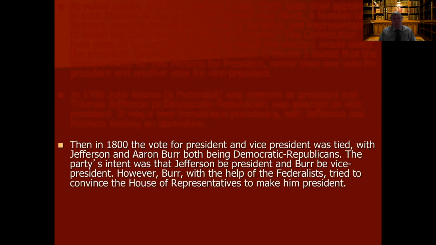Then in 1800, a problem arose again. The vote for president and vice president was tied, with Jefferson and Aaron Burr both being Democratic Republicans. The party's intent was that Jefferson be the president and Burr be the vice president. However, Burr, with the help of the Federalists, tried to convince the House of Representatives to make him president.